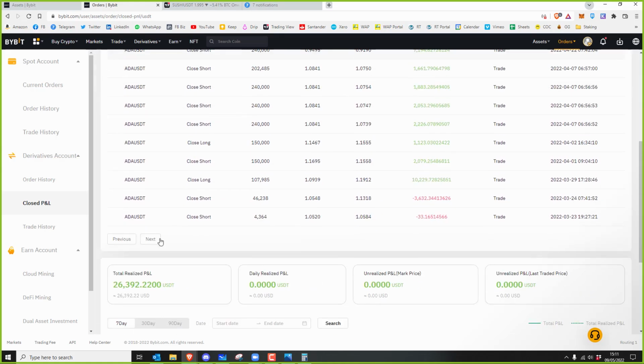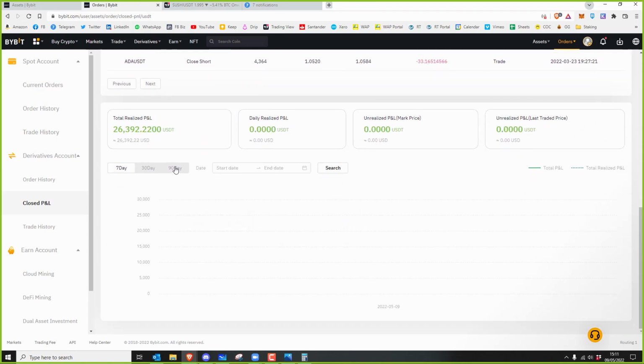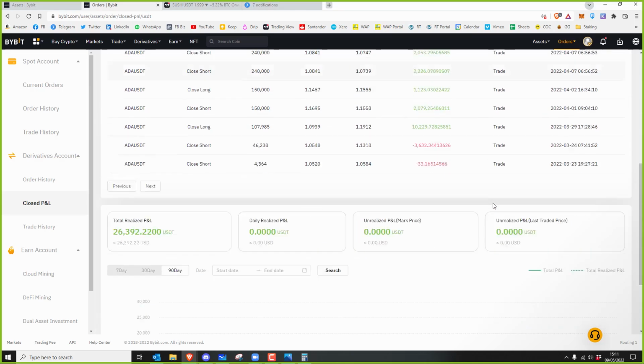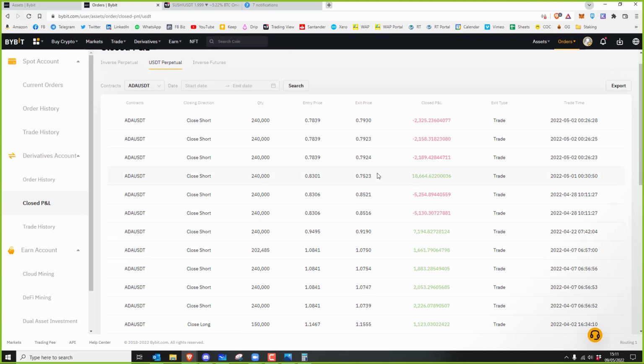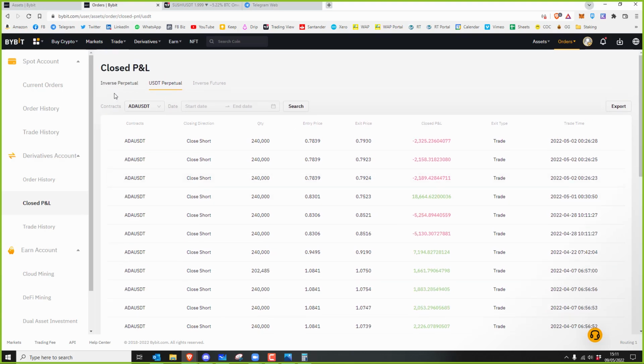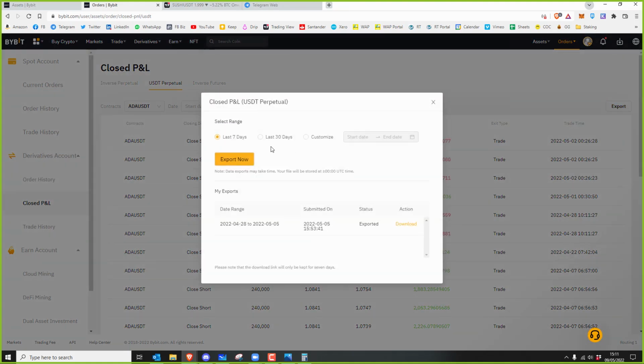So ADA again at the bottom is quite helpful because it shows you I made 26 grand on ADA between whatever, but it's still really unhelpful at the same time. The only way to get a full overview is if you just go to export last 7 days or whatever search function, and then it will literally just download a whole CSV of all your trades. That's the only way you can do it.